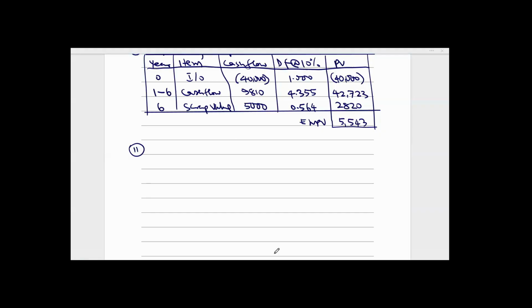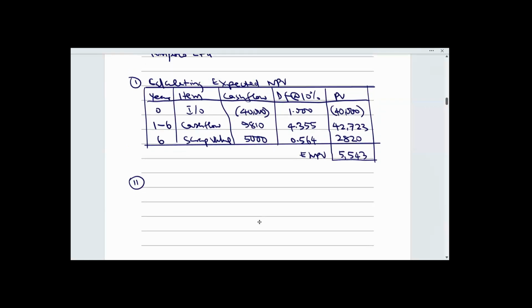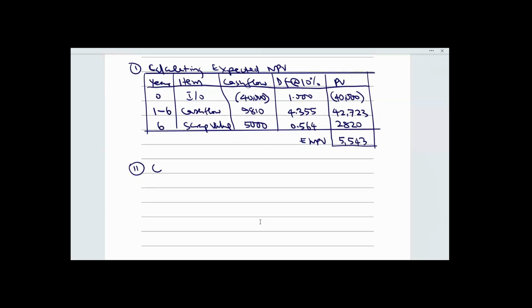Then second requirement, we have to calculate standard deviation of NPV.